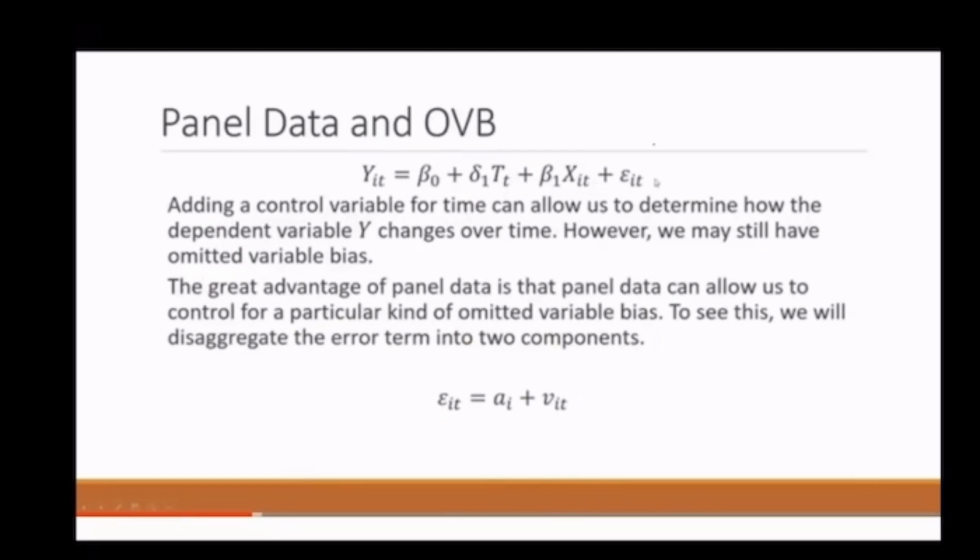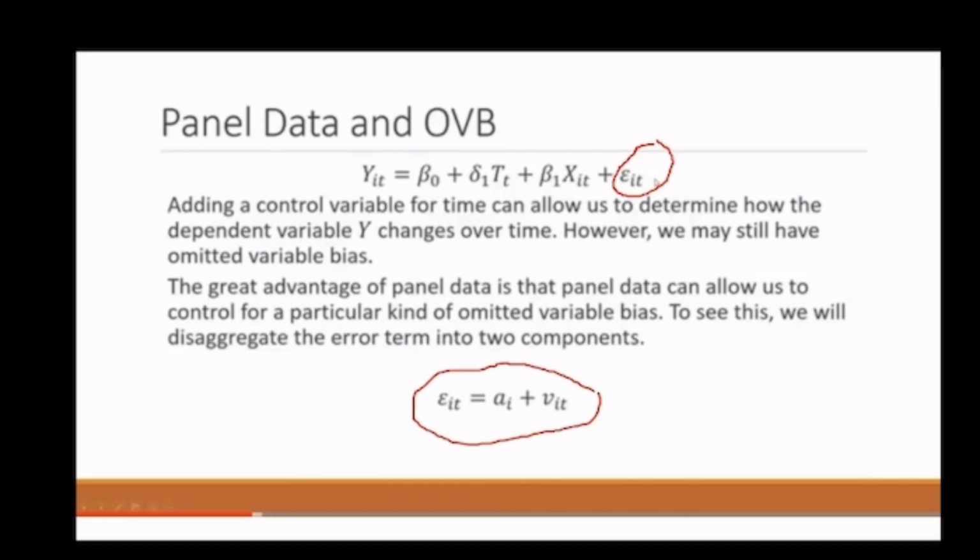Now I need you to take note of this. Take a look at this error. We can disaggregate the error into two. This error varies over time. The error across individuals varies over time. That was why you have e_it, right? Now we want to decompose the error into two, into alpha_i and v_it. The error is unobserved, and there are two types of unobserved.